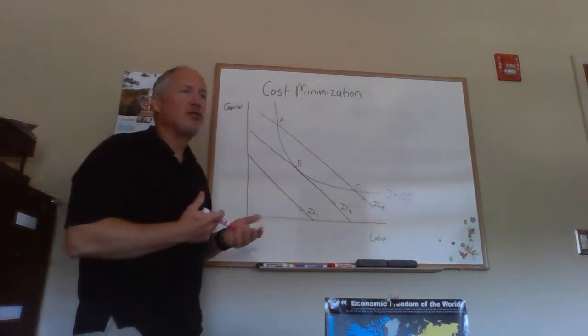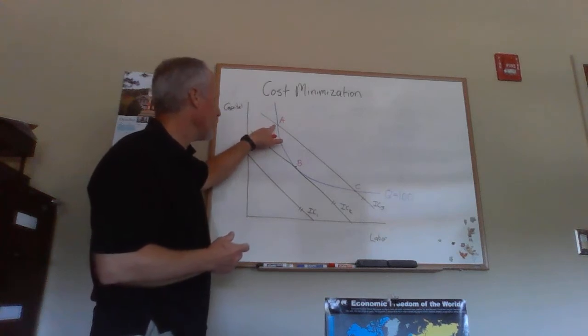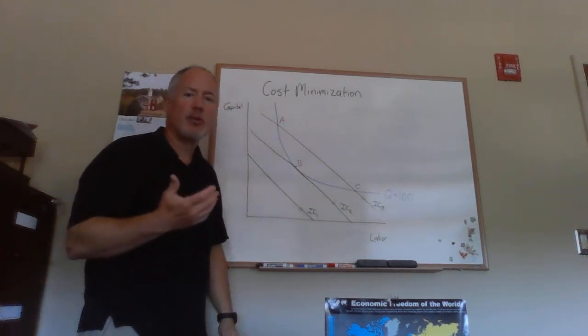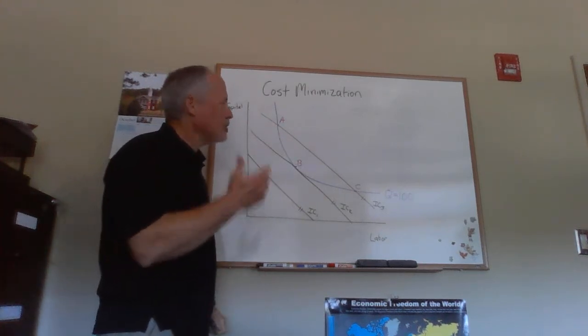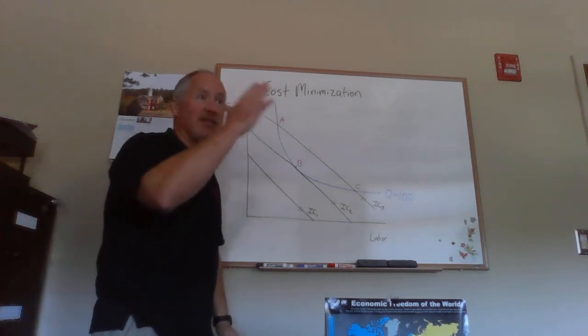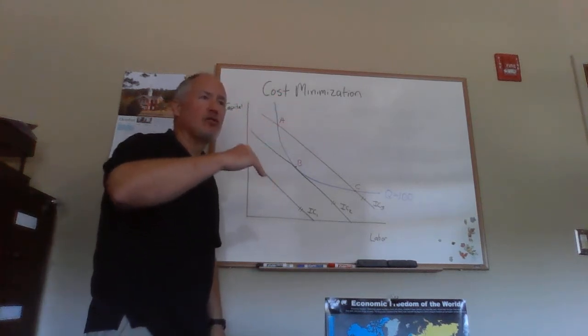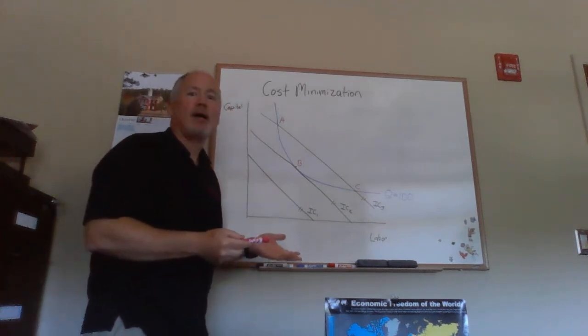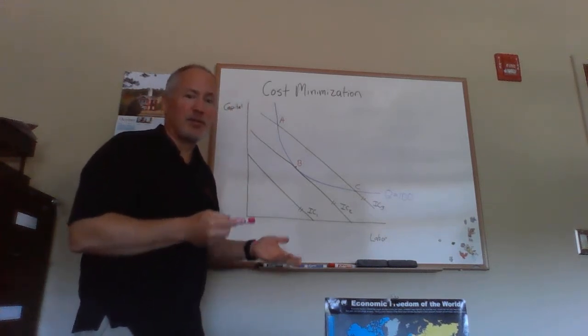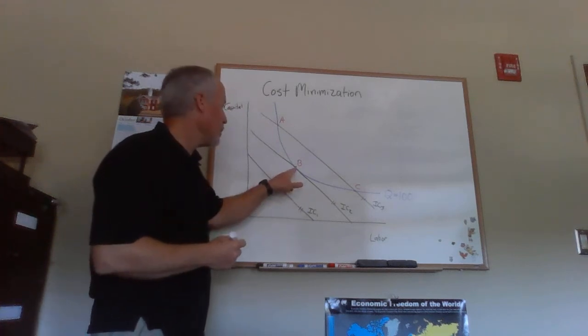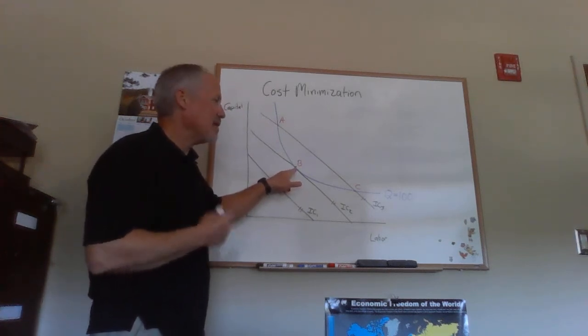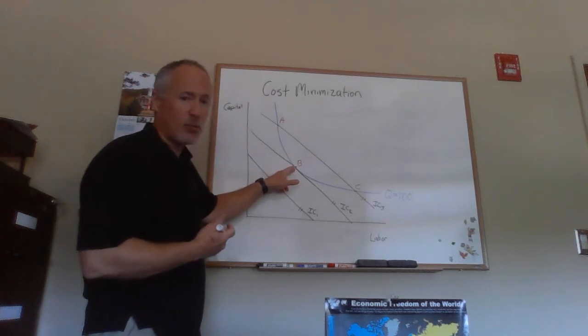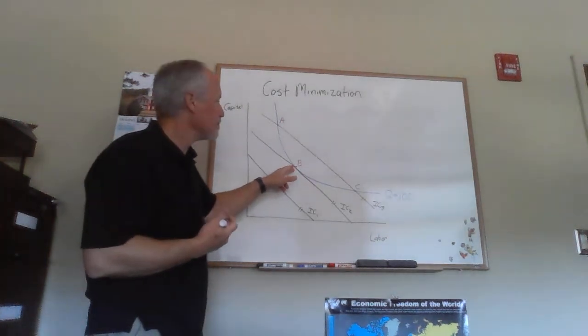What we said about A and C is true of any point at which the isoquant is either steeper than the isocost or flatter than the isocost. So by process of elimination, the only thing left is a point where the isocost has the same slope as the isoquant, and that's point B, where they're tangent.